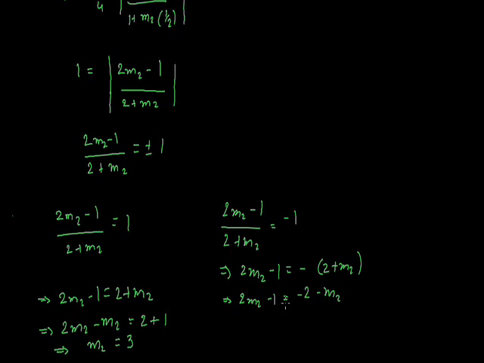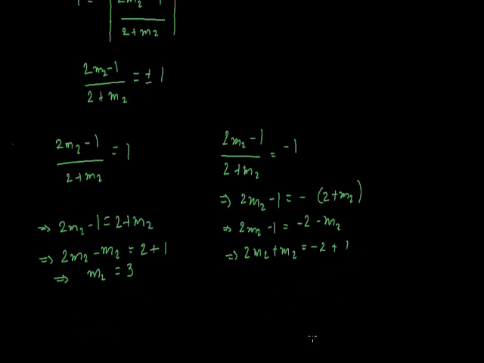I will bring this minus m2 on the other side, which will give me 2m2 plus m2 is equal to, I will take minus 1 on the other side, so the right hand side becomes minus 2 plus 1. Now 2m2 plus m2 will give me 3m2 is equal to minus 1 by evaluating this. So m2 is equal to minus 1 by 3.